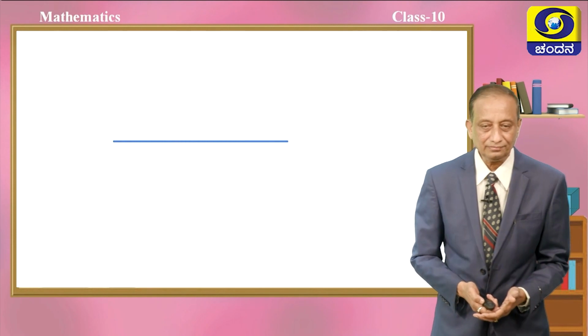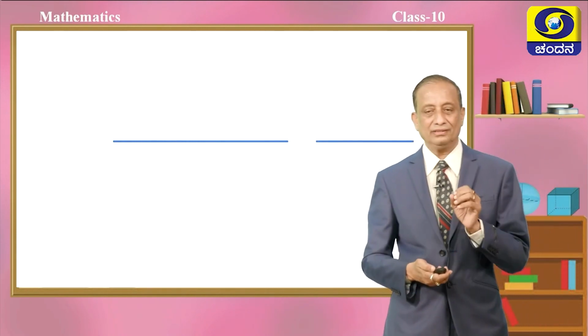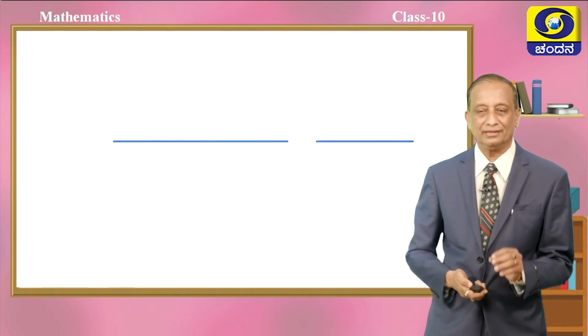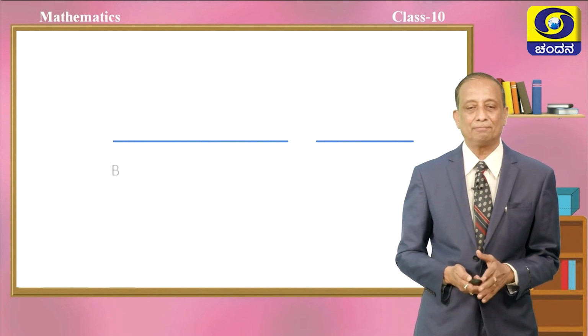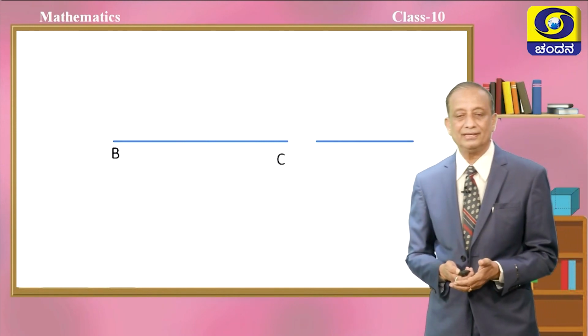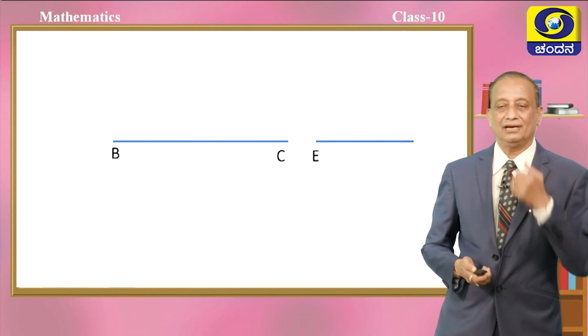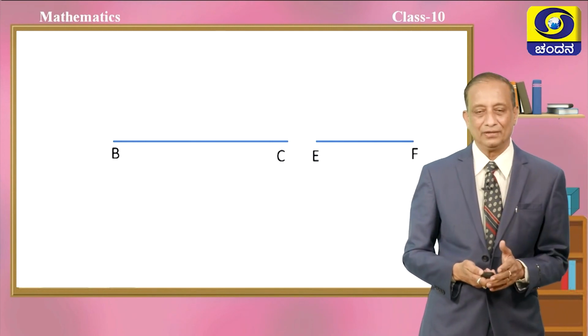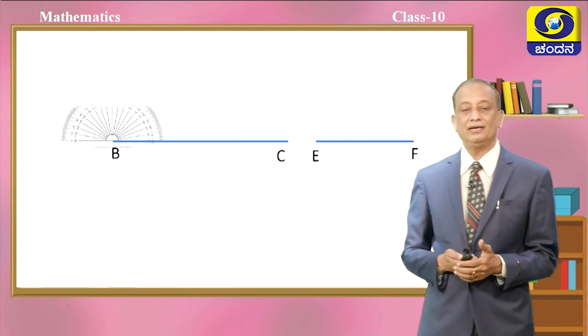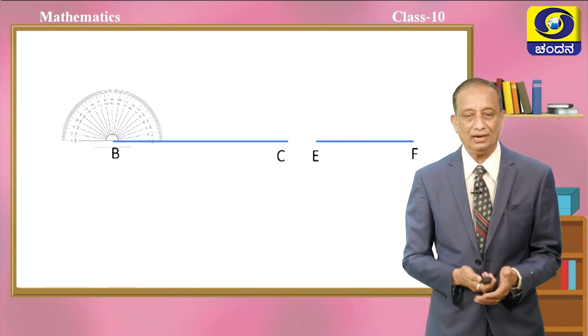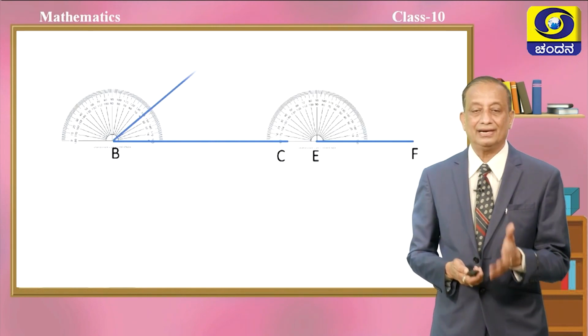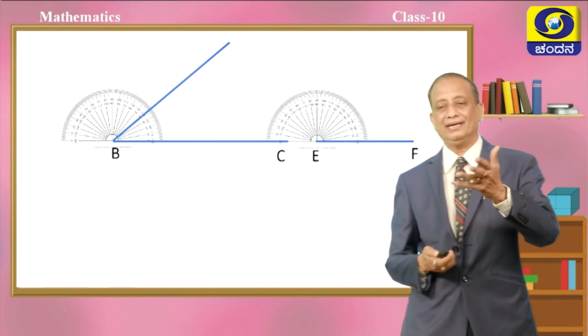Okay. Now, if you want to draw the figure for a theorem, children, you need to take scale and protractor. So, first draw the bases BC and EF, say of any length you can draw. Okay. Then keep the protractor like this, at B as well as at E. Say some angle, any measure you can draw.